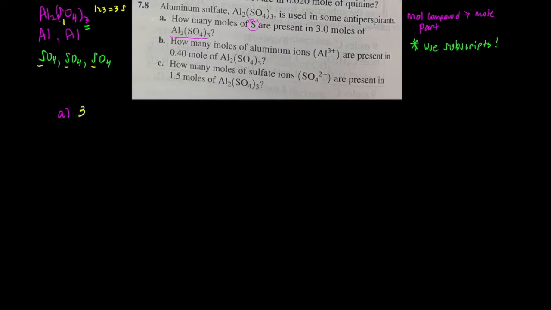So we can set up the equivalency like this. We know that there's 3 moles of sulfur in 1 mole of the aluminium sulfate. Okay, so again, that 3 outside the parentheses is what makes it have 3 sulfurs.